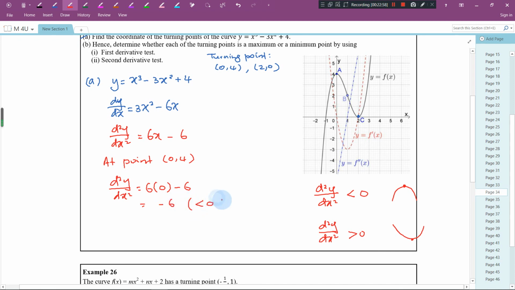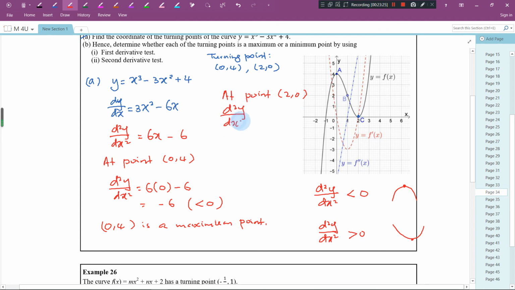Negative 6 less than 0, maximum point, right? 0,4 is a maximum point. Okay, correct, right?